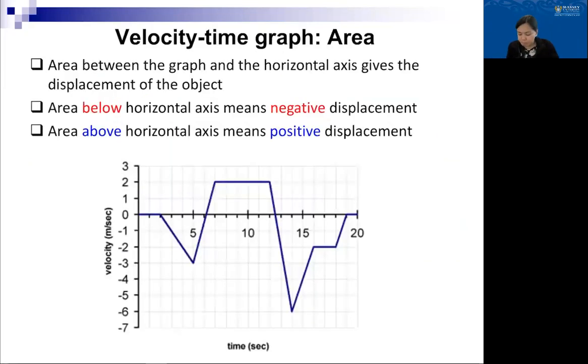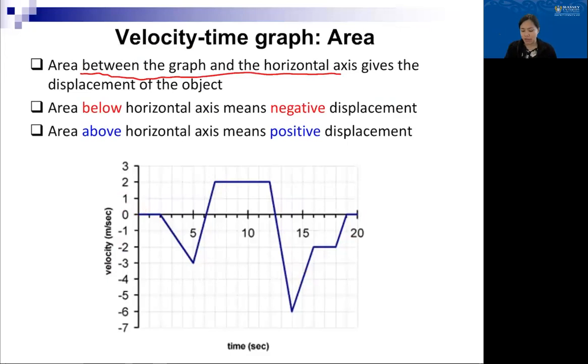So for example, you have a velocity versus time graph. So a velocity versus time graph again means that the y-axis plots the velocity and the x-axis plots the time. Okay, so the graph, the actual graph is this blue line here. Okay. So when we say area under the graph, we are actually determining the area between the graph and the horizontal axis.